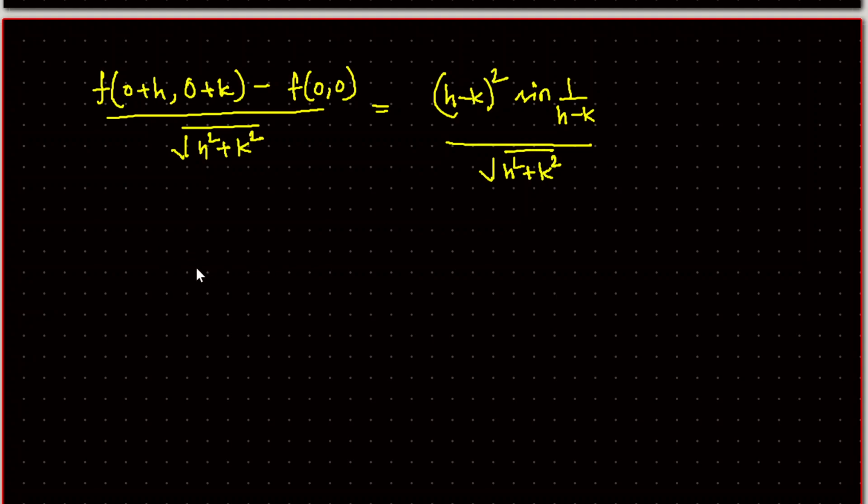So now I can write this as h square plus k square minus 2hk, divided by under root of h square plus k square, times sine of 1 by (h minus k).